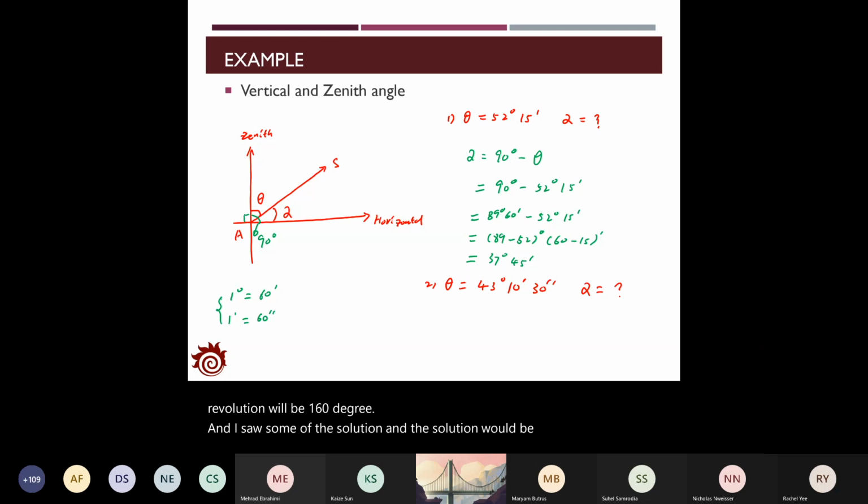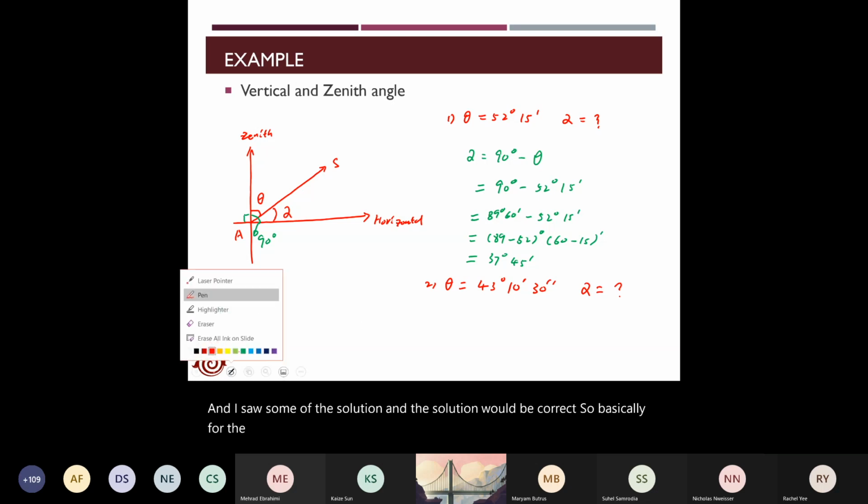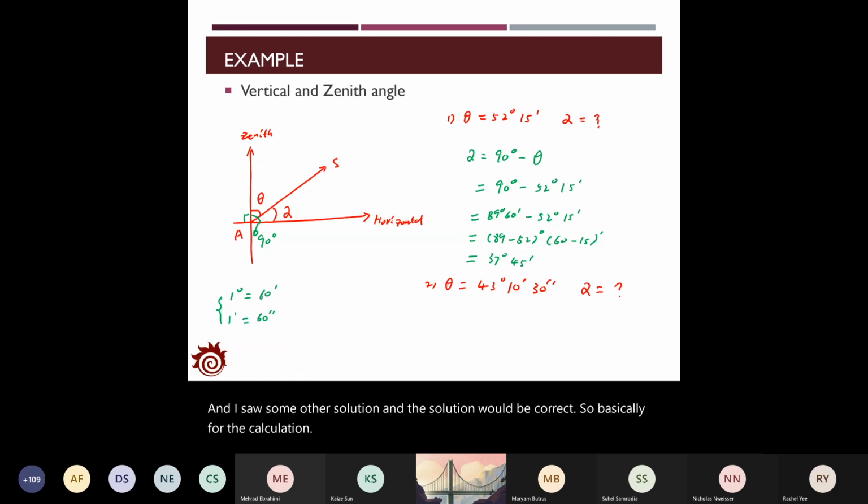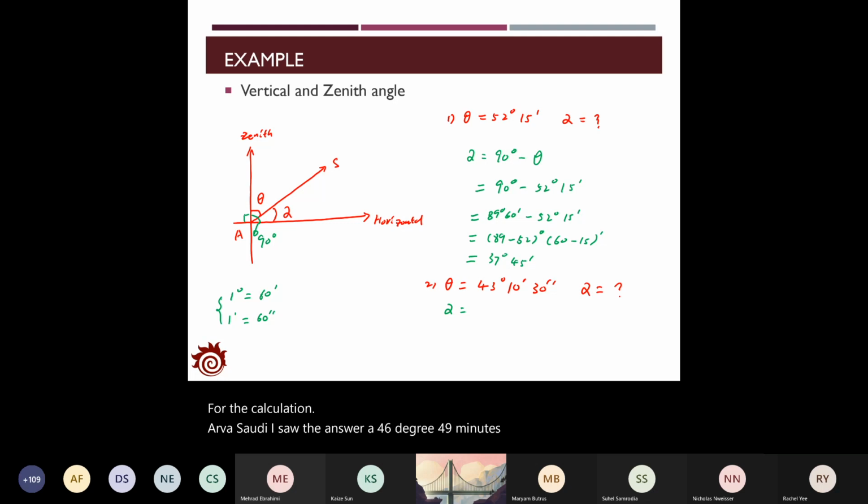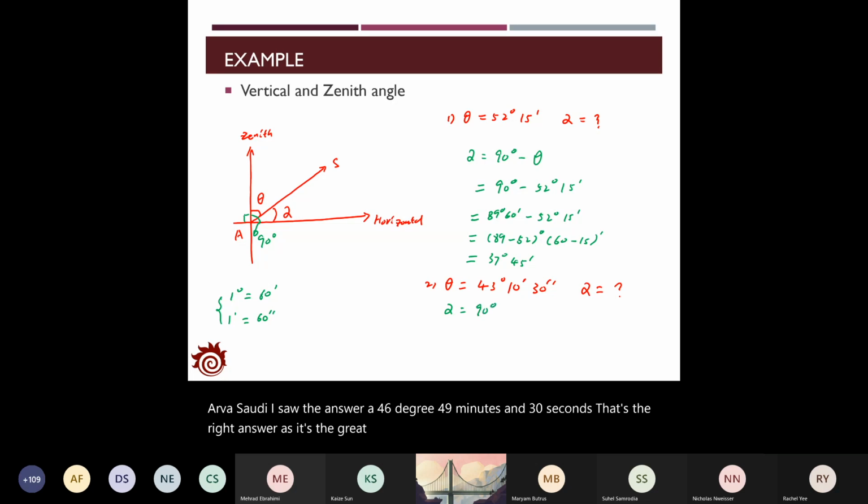So for the calculation of alpha, I saw the answer 46 degrees 49 minutes and 30 seconds. That's the right answer. It's a great job. We still have 90 degrees minus theta, and this time we want to get both minutes and seconds.